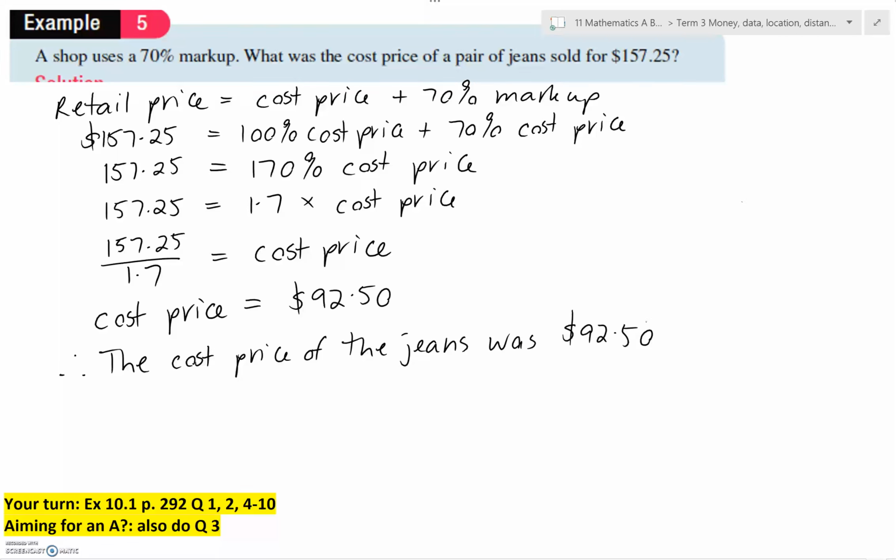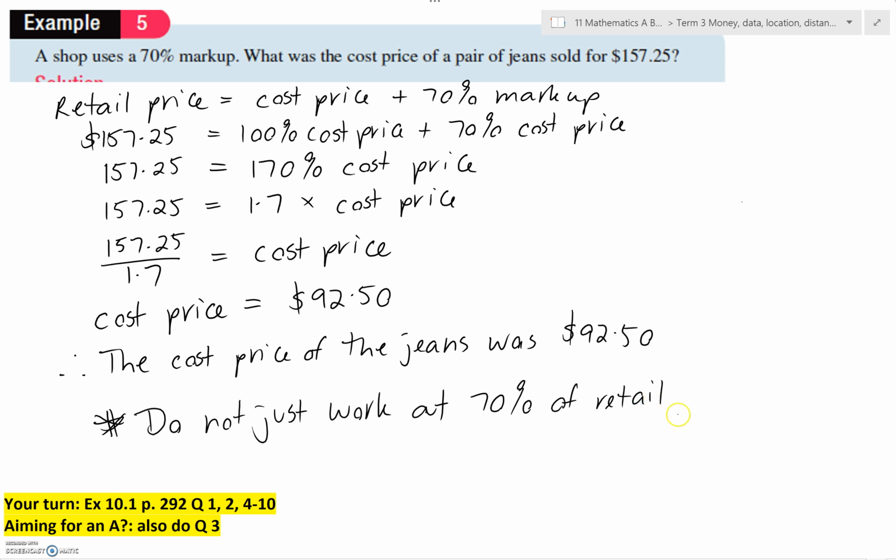So markdown, something you need to know. Well, actually, let's skip that markdown bit. It's very important that you realize here that you do not just work out 70% of the retail price and subtract. It is different.